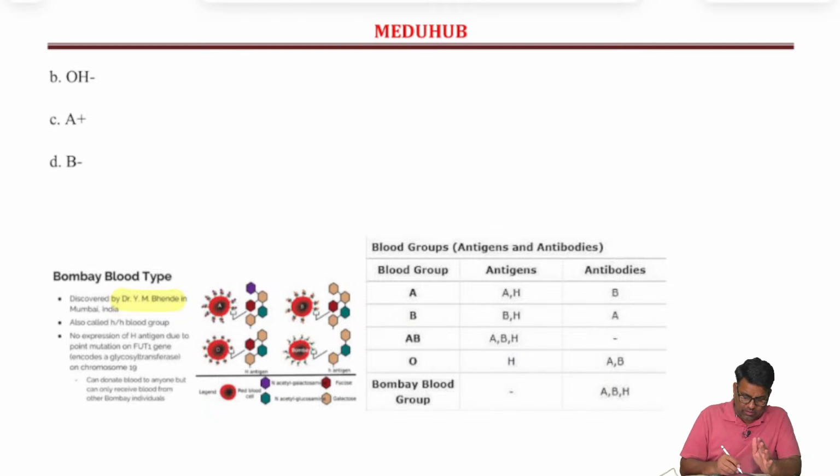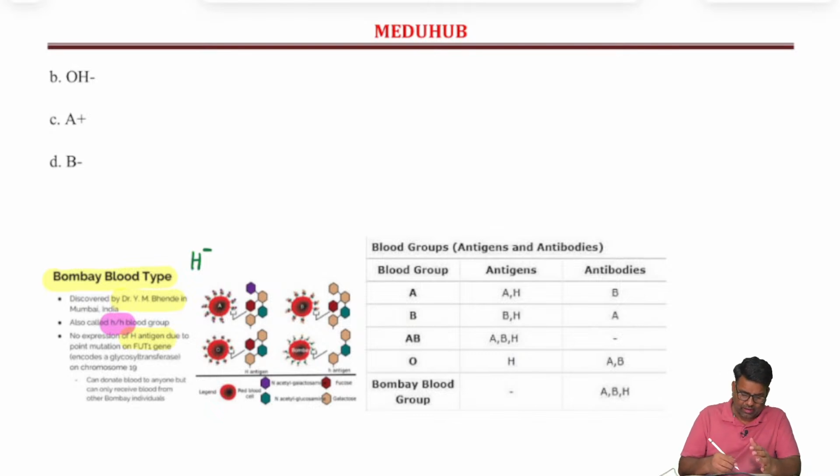So this is known as Bombay blood group because it was discovered in Bombay, and the nomenclature is small h, small h, and here there is absence of H antigen, and sometimes we write it as H minus, right? And this is like blood group O without H antigen.